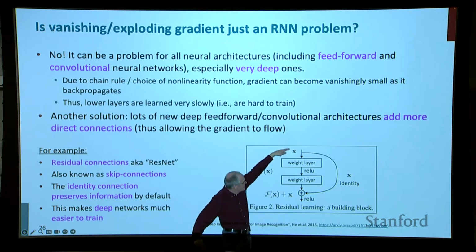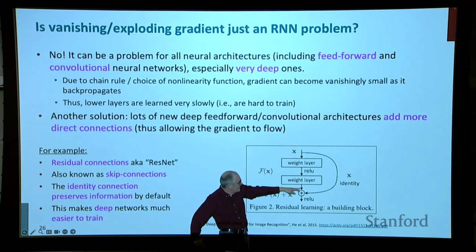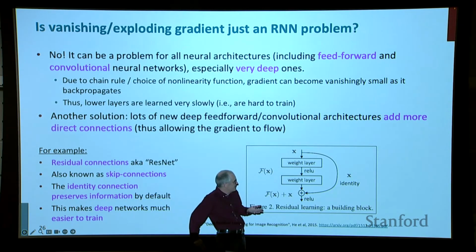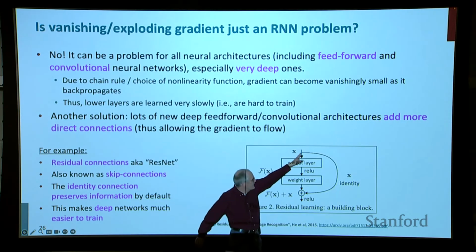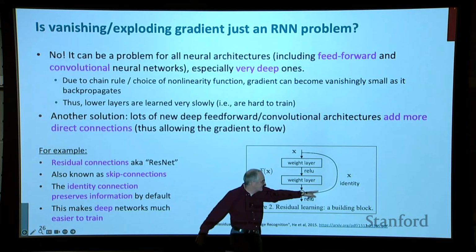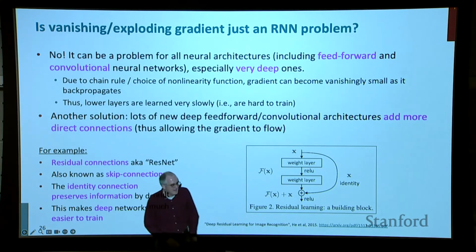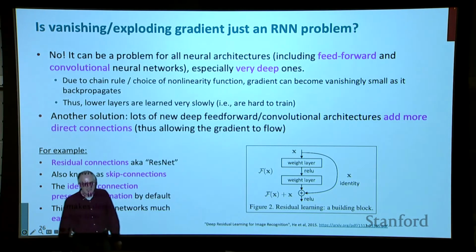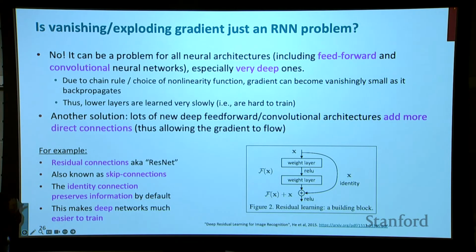Rather than going through weight layers and weight layers, which will start to produce the same kind of problems, you can apply the same trick in a vertical network and say, well, look, I can also just carry the input around with an identity function and add it on here. And so then I've got this direct carrying of information. That led to the residual network, which completely transformed computer vision models and made them much more learnable than pure networks that lack these residual connections.